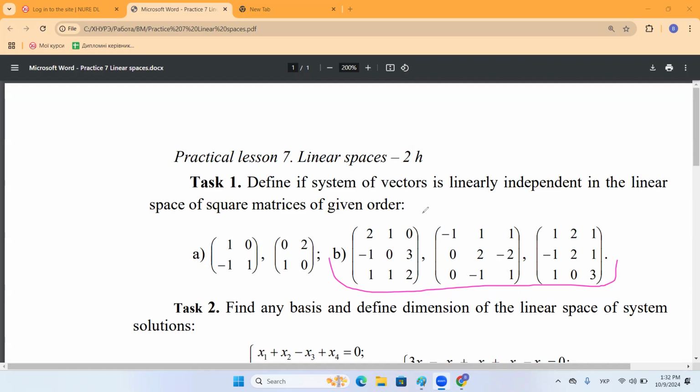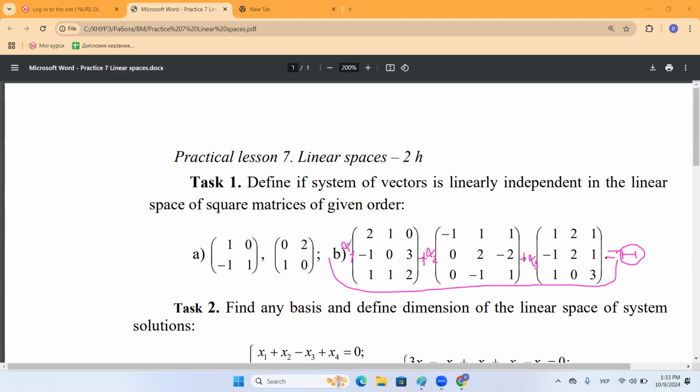So we have 3 matrices, and we need to prove that all of them are linearly independent. So how many alphas? 3. So we need to prove that alpha 1 multiplied by this matrix plus alpha 2 multiplied by this matrix plus alpha 3 multiplied by these vectors equals the zero matrix.